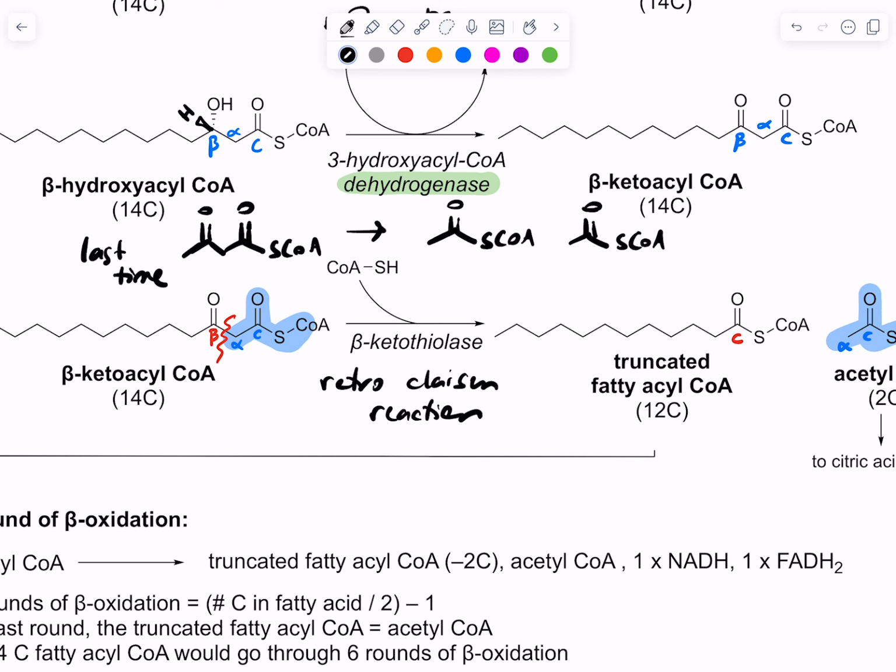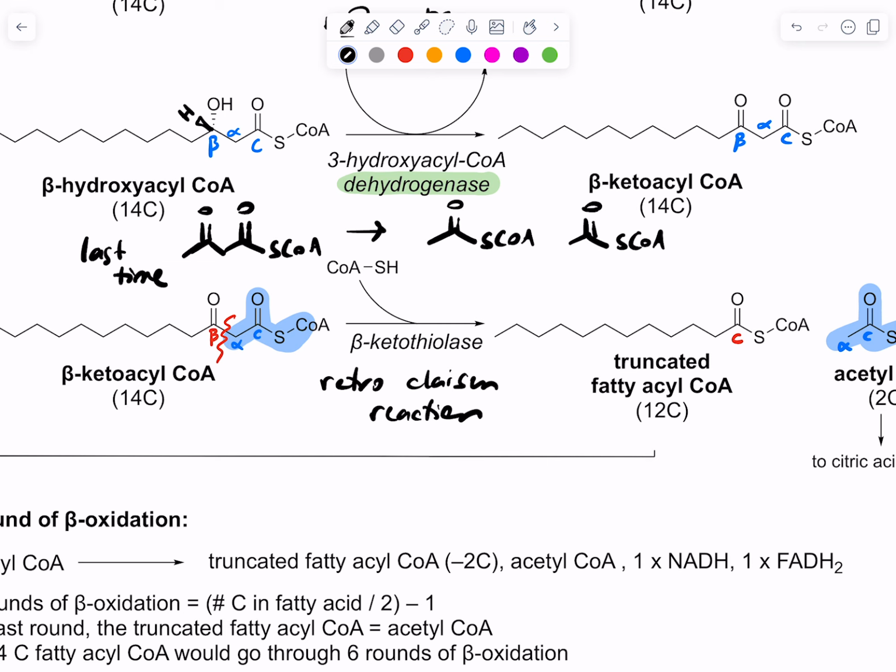So for a 14 carbon, the first you go down to 12, second to 10, third to 8, fourth to 6, fifth to 4, and then the 6th time you break 4 into 2, and then they're both acetyl-CoA.